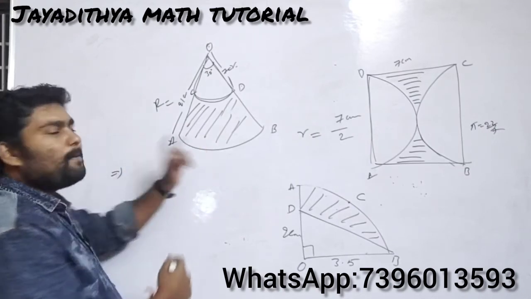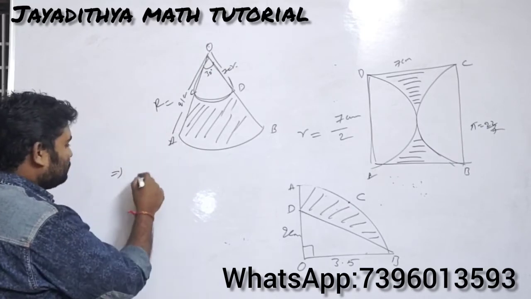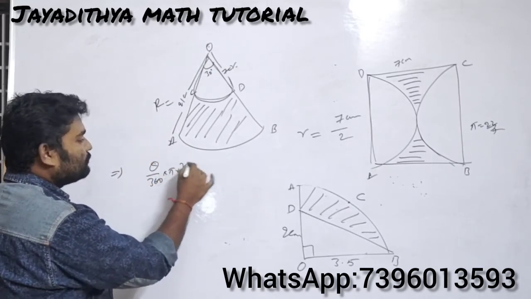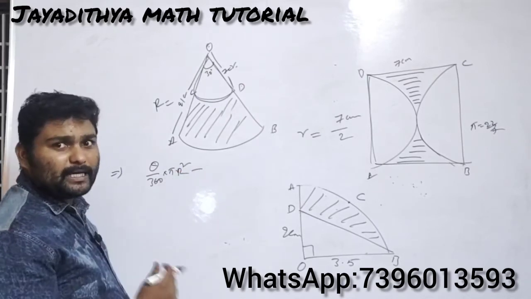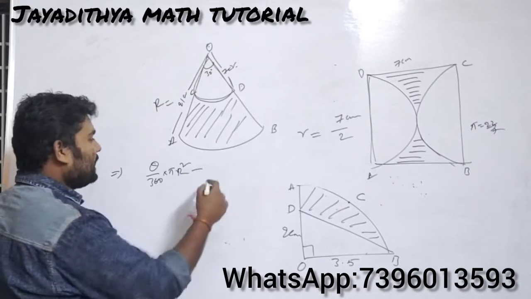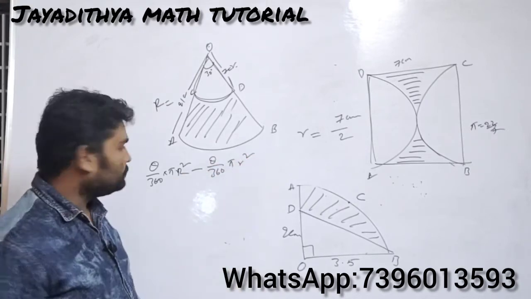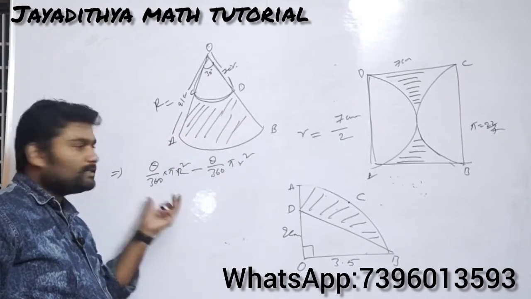So this is sector area minus sector area. Let us see here. The area of the sector is theta by 360 into pi r square. Here you have two sectors. For the bigger sector I am taking capital R, and for the smaller one I'll take small r. In order to get the shaded area, you subtract the sector area from the sector area.